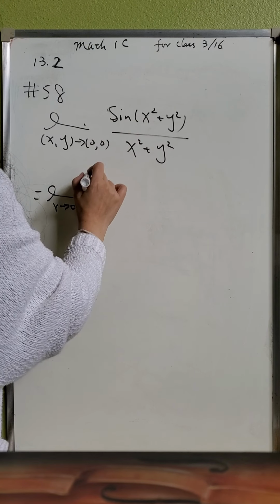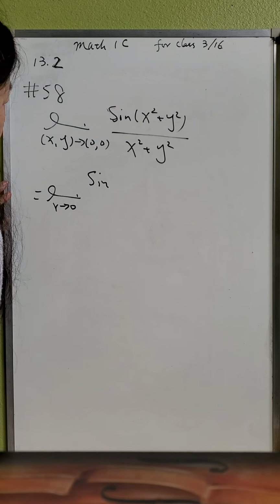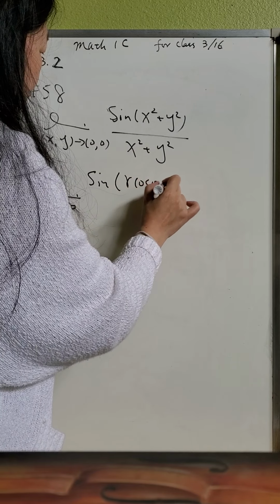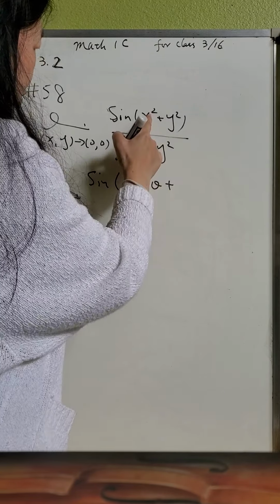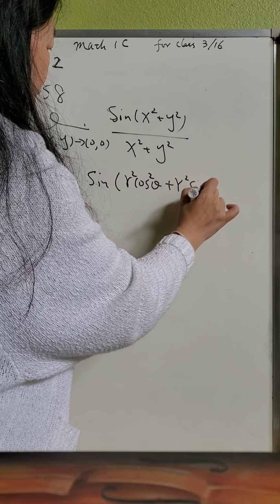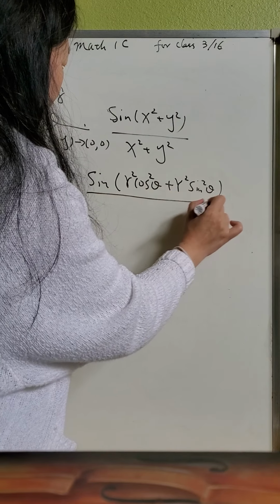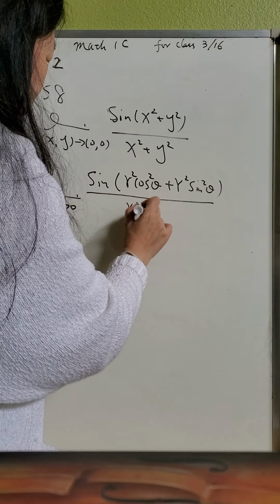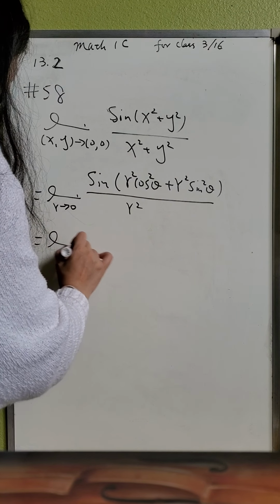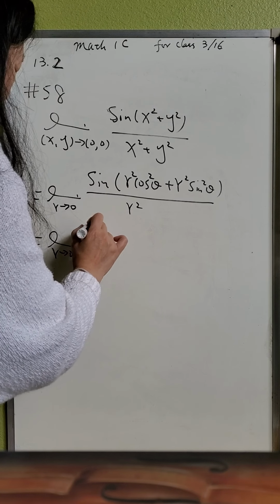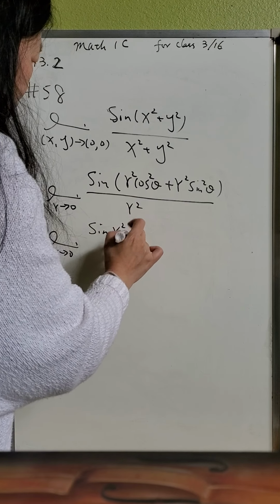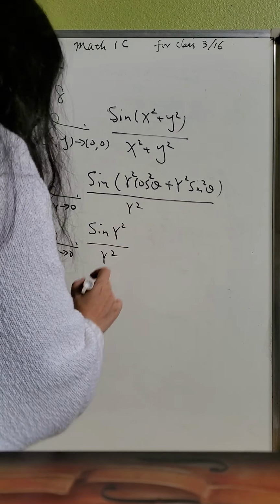And then convert these to sine of r cosine theta, sorry, I forgot the square. So this is squared, plus r squared sine squared theta, and divided by, this is just r squared. So now take out the r squared also. So that becomes sine of r squared over r squared.